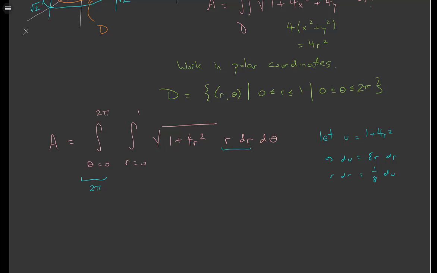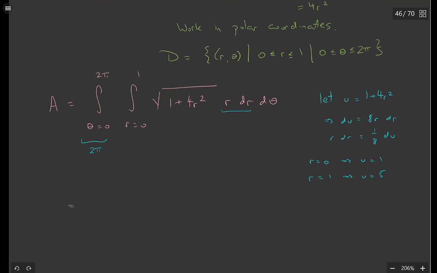I'll change my limits of integration as well. So when r is equal to 0, this gives me u is equal to 1, and when r is equal to 1, this is going to give me u is equal to 5. So I pick up a 2 pi from the theta integral. I've got my integral now over u from 1 to 5 of the square root of u. My r dr becomes a 1/8 du, and that's it.